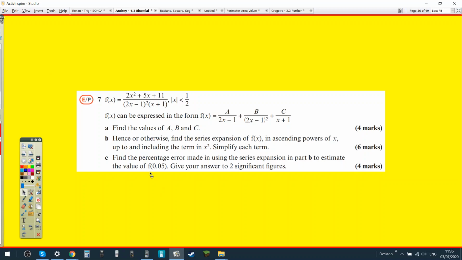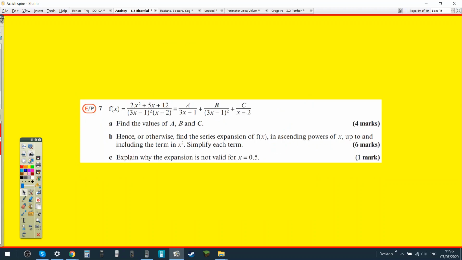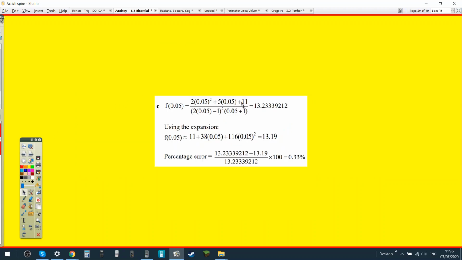And so in this case, it would be the f of 0.05, so into the original one, minus 0.05 subbed into our approximation over the original times 100. Yep. So there's just more stuff going on, but it's the same.